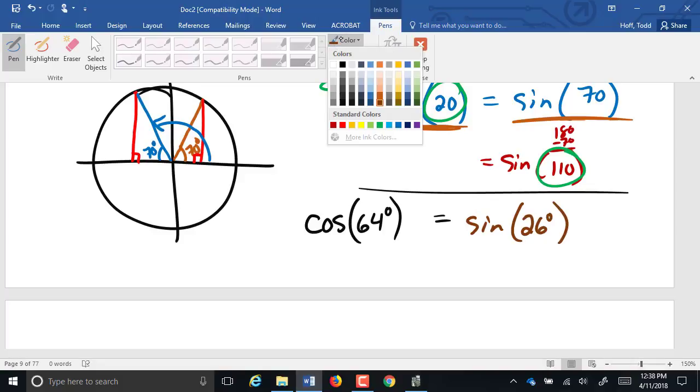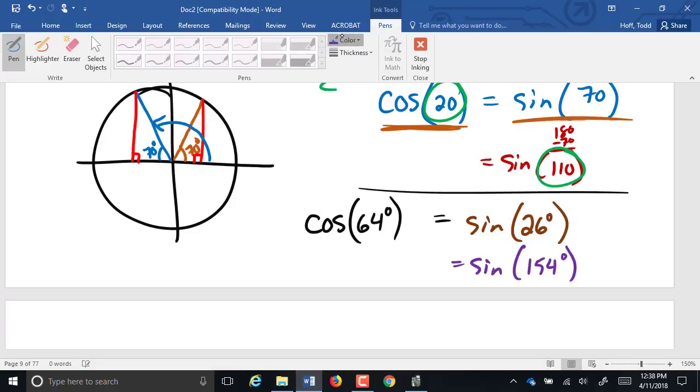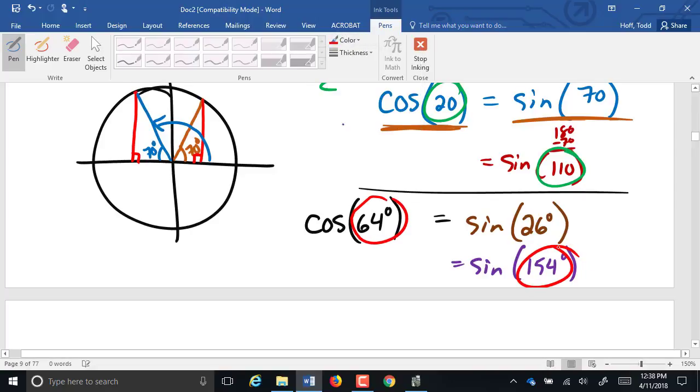Well, the sine of 26 is equivalent to the sine of, what's the supplement of 26? 154. Does that differ by 90 degrees? Say yes. Yes. It always will.